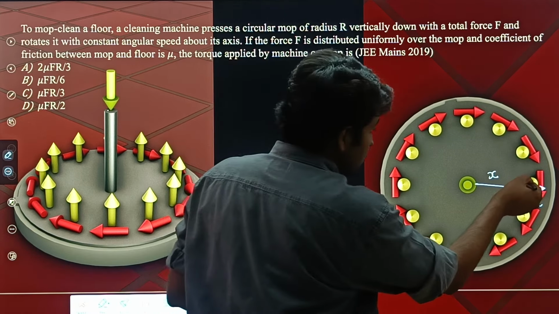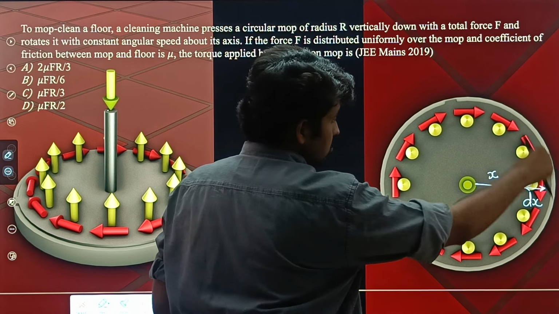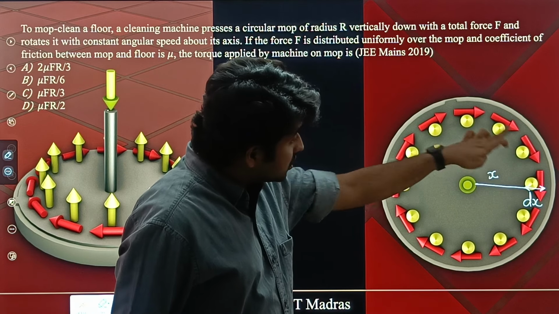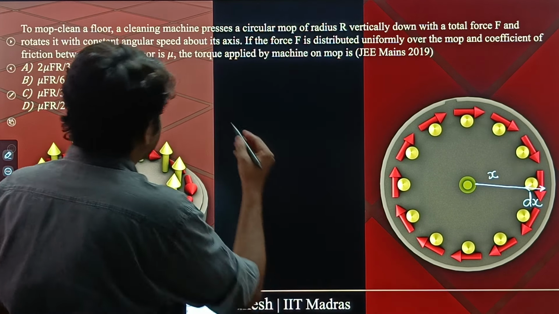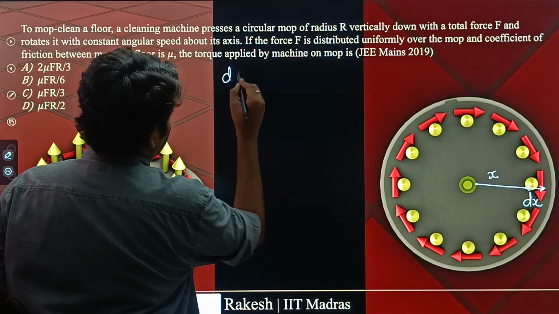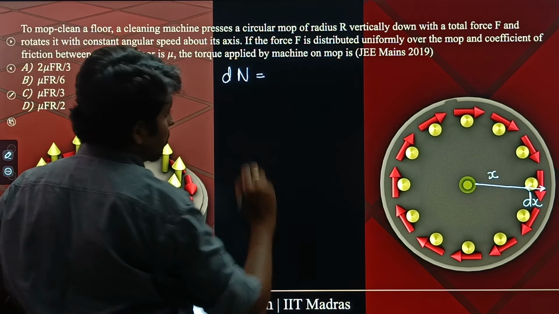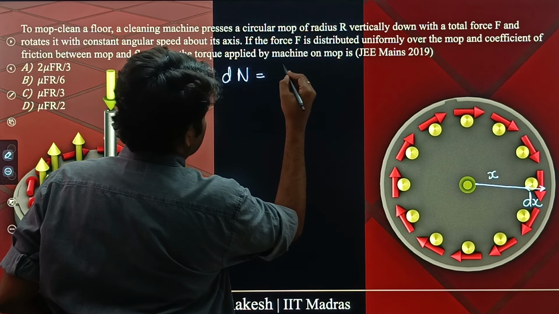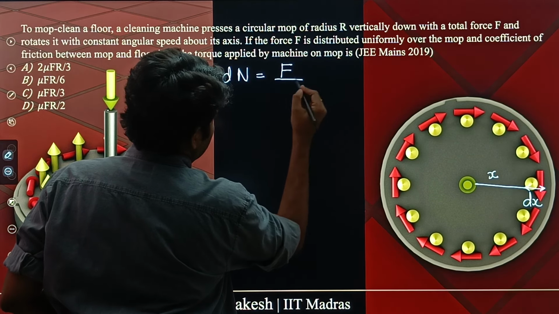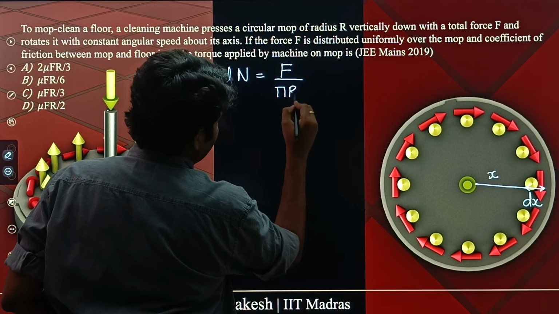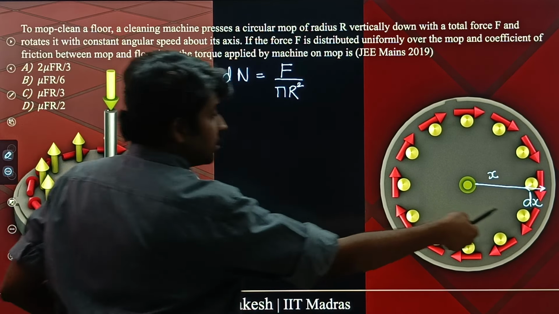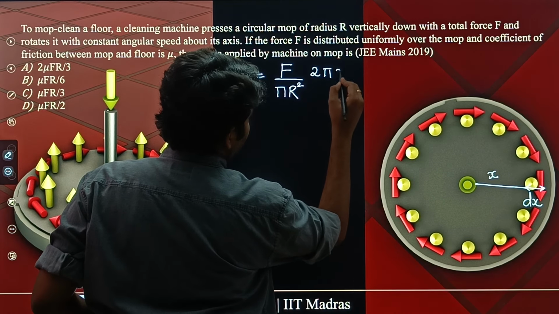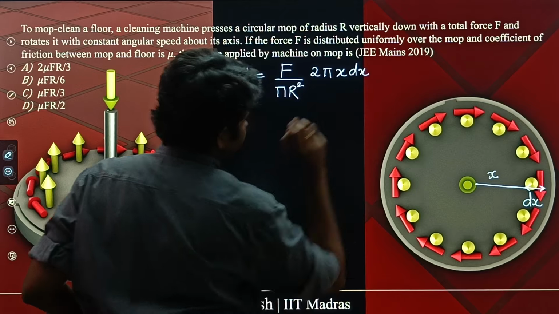So this whole area which you are seeing now is what we are talking about. What is the normal reaction force in this area? Let us say it is dN. Since the force is uniformly distributed, dN equals the force per unit area, F by pi r square, into the area of this, which is 2 pi x dx.